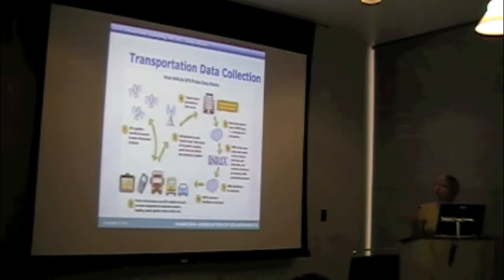Here I want to talk briefly about transportation data collection. We collect data: traffic counts, turning movement, speed data. Some of the data is used to estimate the travel demand model and make sure the parameters are appropriate, and some of it is used to validate the results.